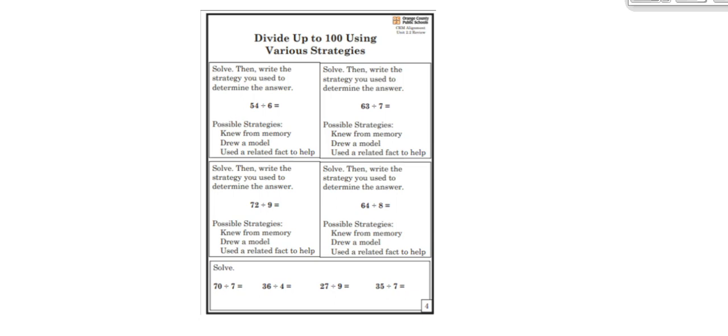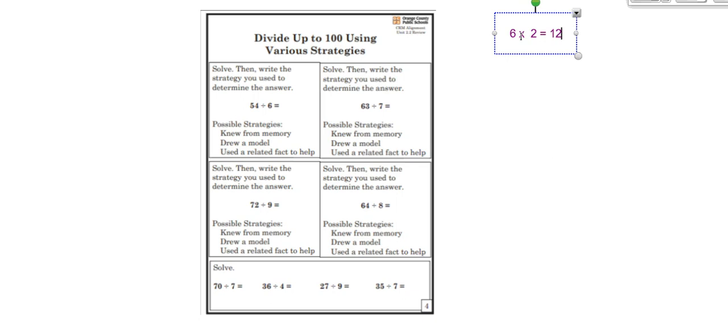Okay? When we are solving these problems, I want you to remember that dividing is the opposite of multiplication. For example, if I say here 6 times 2 equals 12, right?